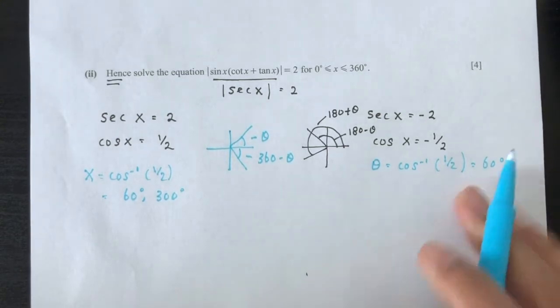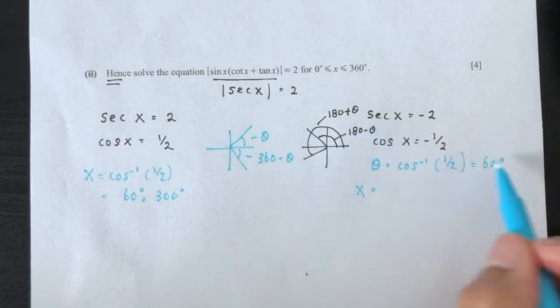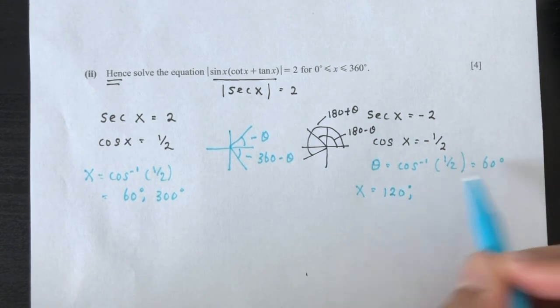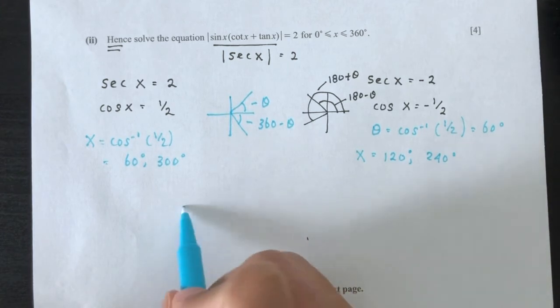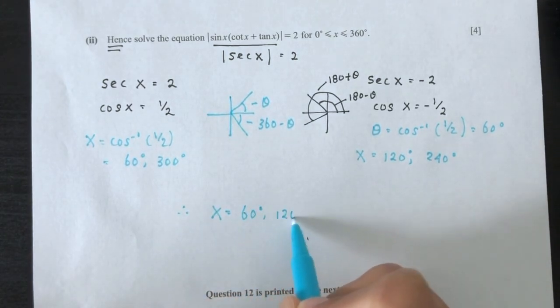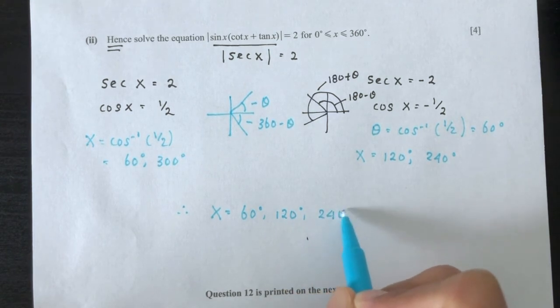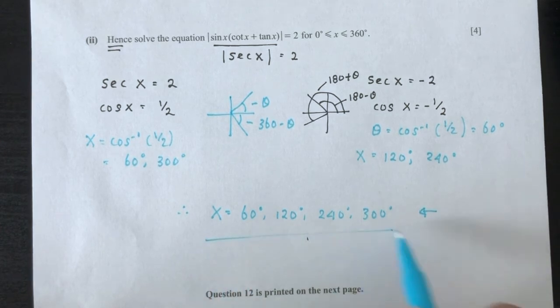So in this case, x has to equal, according to your quadrants, 180 minus theta, which is 120, and 180 plus theta, which should be 240. So your answers for the values of x will be the four values: 60, 120, 240, and 300. That will be your values of x.